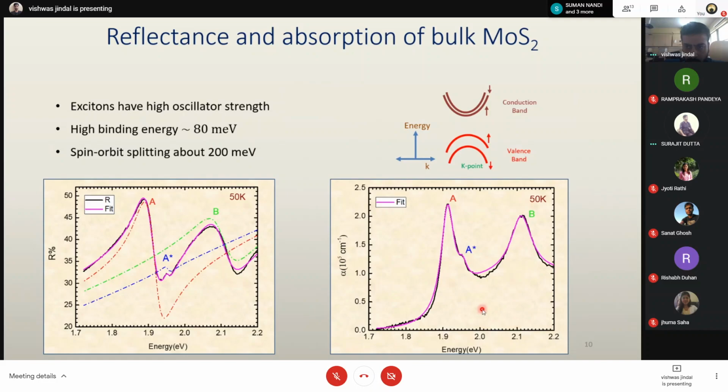I don't know whether it's a correct statement to make here, but Vishwas has not gone to that level. The structure is a hexagonal structure. For MoS2 and all these TMDCs, it's a planar hexagonal structure.